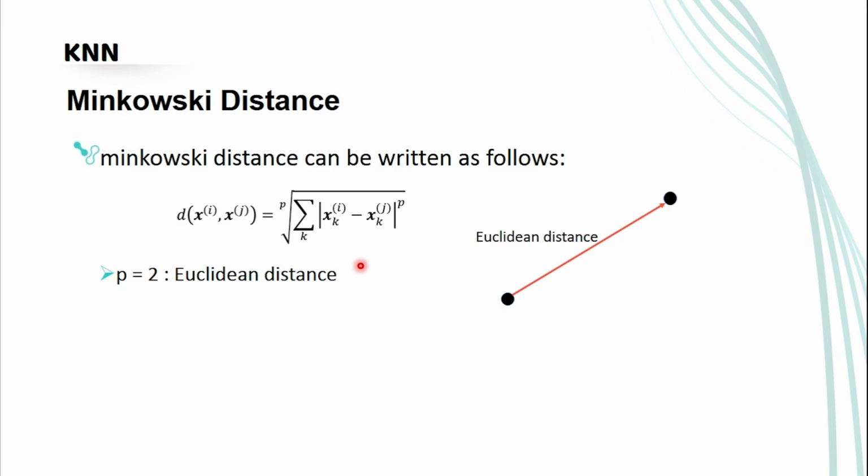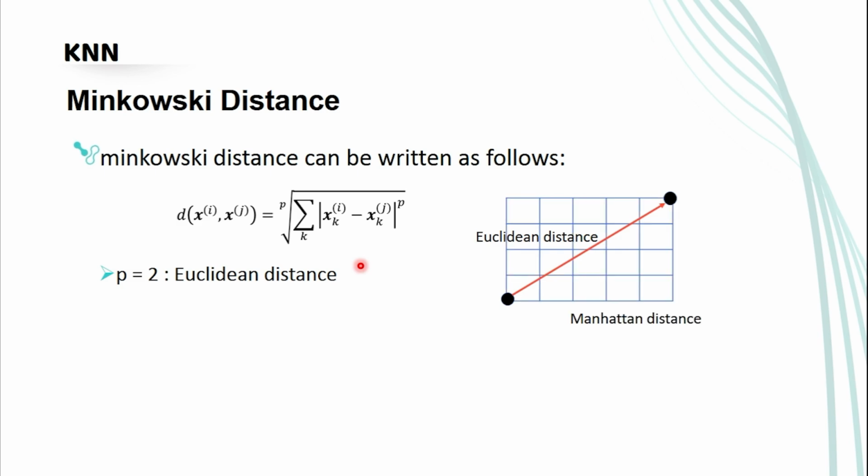The other distance is the Manhattan distance. If we want to measure the shortest path from this point to this point, based on the restriction here, the path can only go to the right or up.